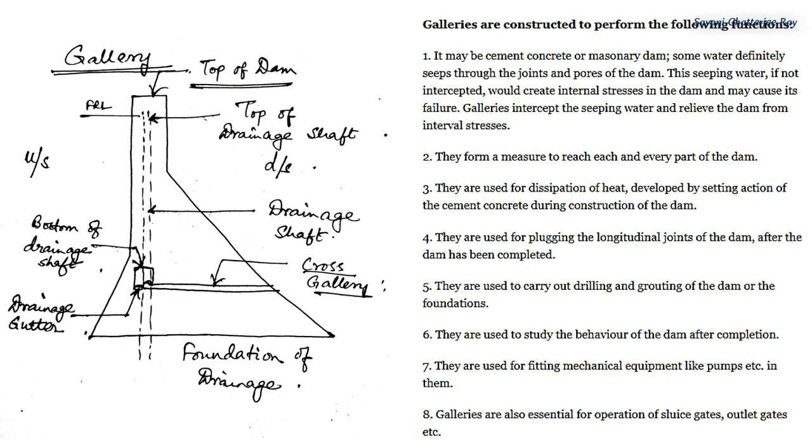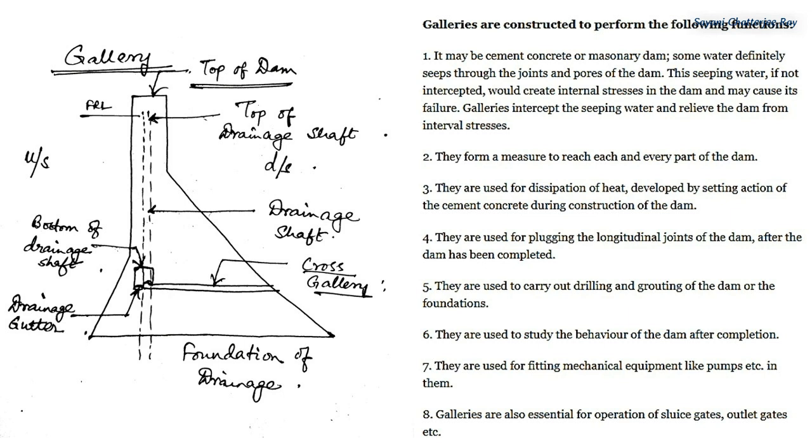If this water is not removed, it will produce internal stresses leading to the failure of the dam. Galleries are provided to give access to various internal parts of a dam. They are also provided to dissipate the heat generated during setting of concrete. They are used to plug the longitudinal joints after completion of the dam.